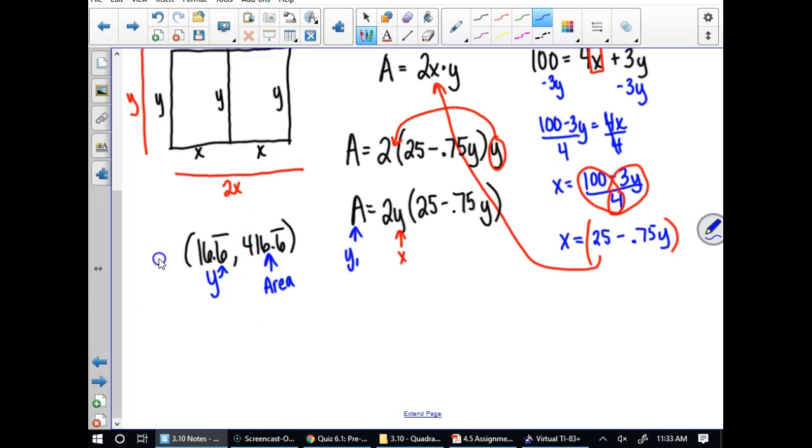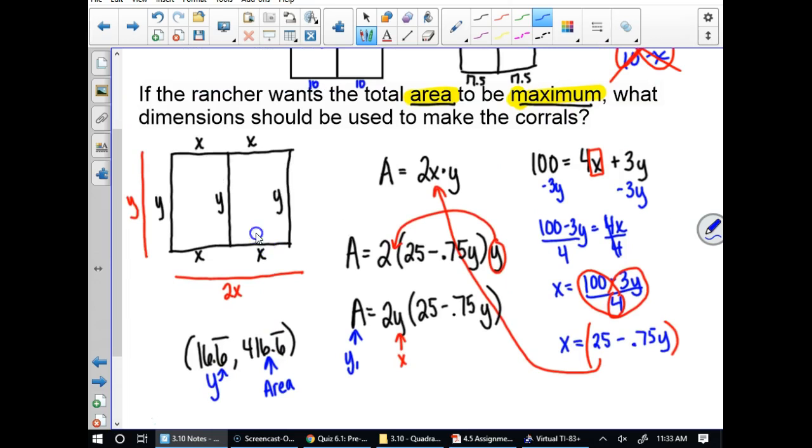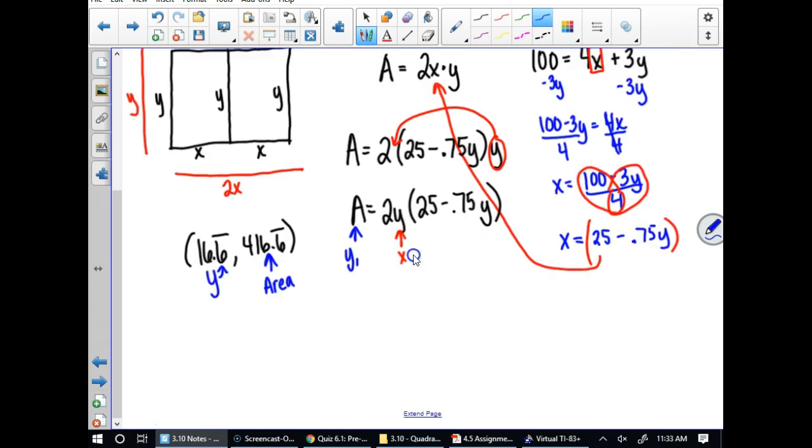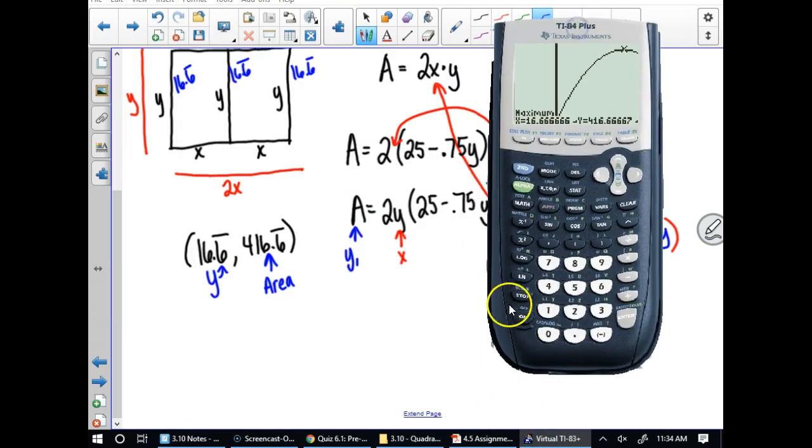So the maximum area you can get is 416.6 repeating, but the question says what dimensions should be used to make the corrals. So I know that y should be 16.6 repeating. What should I use for the x's if that's the case? I could figure it out, right? I've got 16.6 repeating times 3.